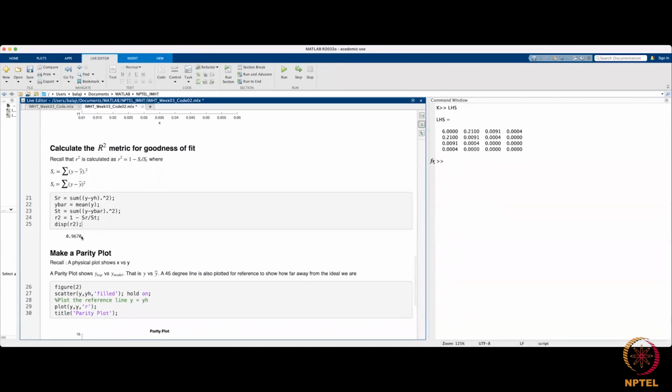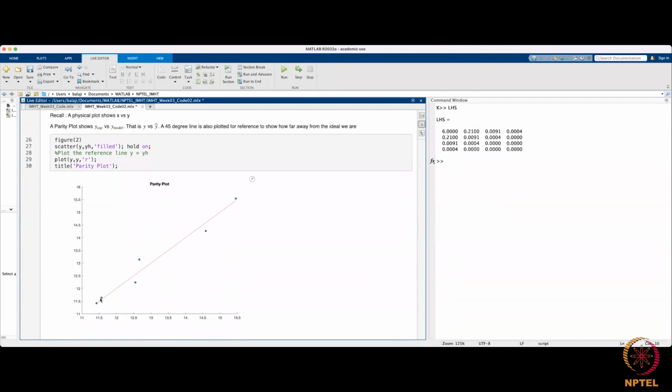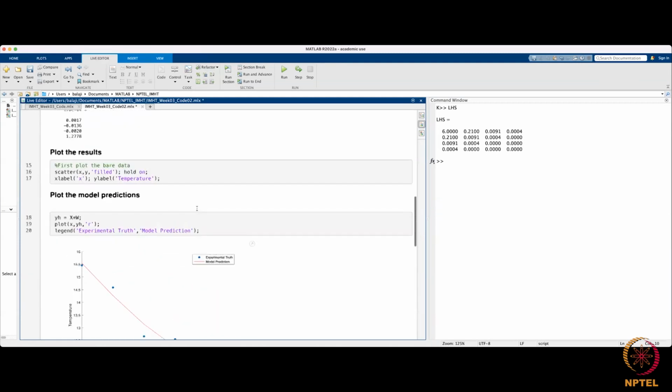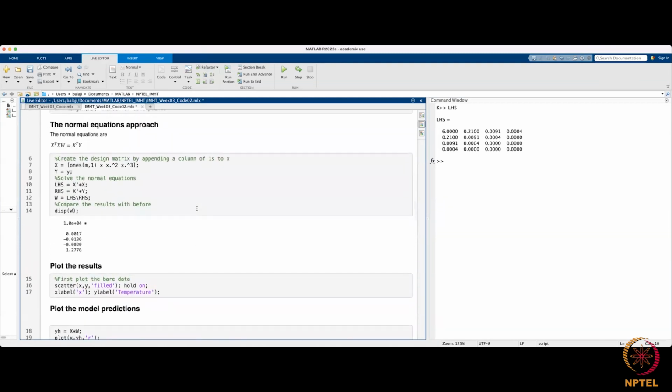R square is approximately the same, so this is not necessarily a better fit. And you can also see a parity plot, which gives you maybe again some points are better predicted, some points are not so well predicted. But the advantage that I want to emphasize is that you can actually put anything here, any so-called non-linear feature.